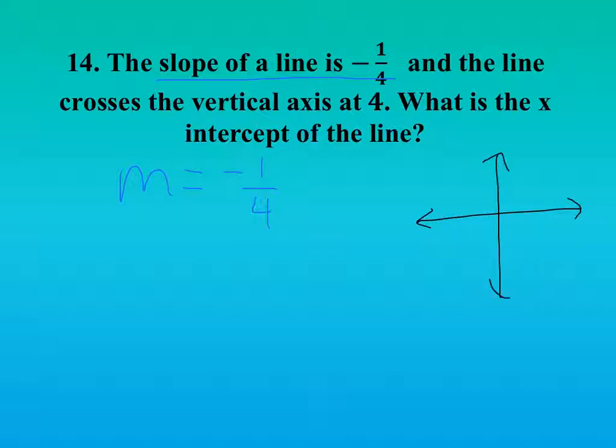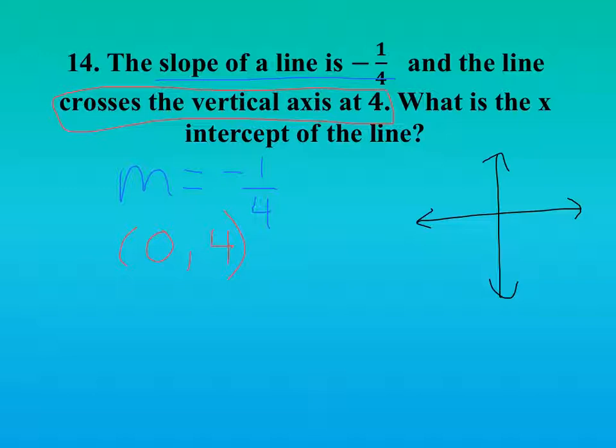This is your y-axis. So if it crosses your y-axis, that means it's your y-intercept, which is the point (0, 4).